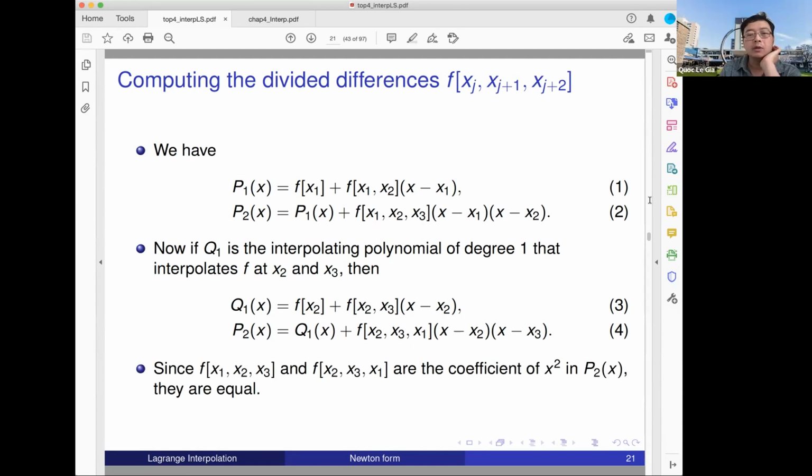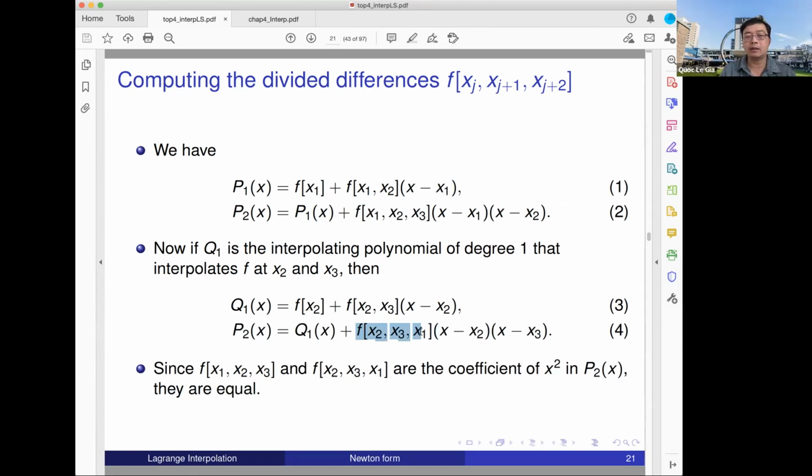If you look at P2, the coefficient for x squared, on equation 2 it is f[x1, x2, x3], but on equation 4 it is f[x2, x3, x1].